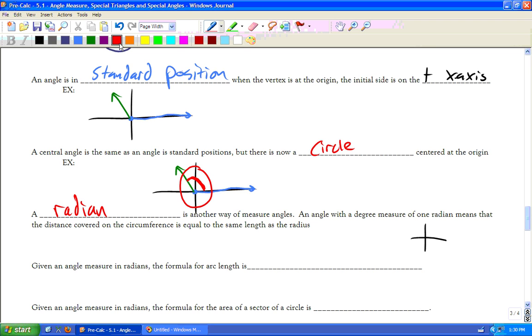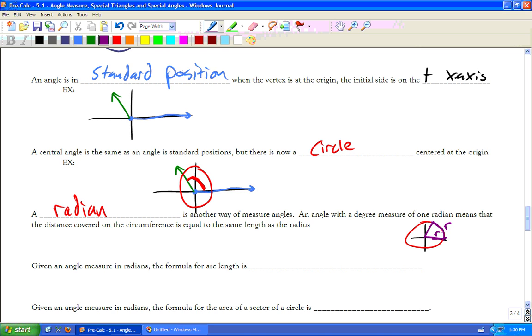A radian is what happens when you start with a circle and you say, here's its radius. This radius, we'll call it r. An angle equal to 1 radian is the amount of rotation it takes to travel that same distance r along the circle's circumference.